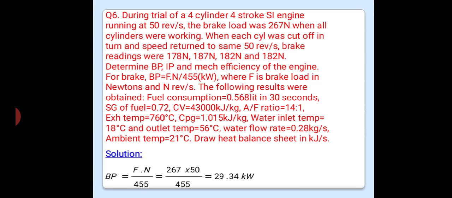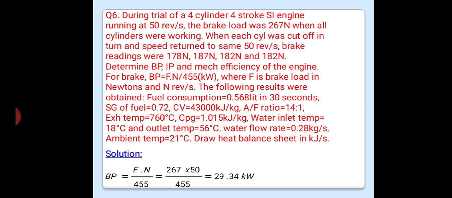During a trial of a 4-cylinder 4-stroke SI engine running at 50 revolutions per second, the brake load was 267 Newton when all cylinders were working.